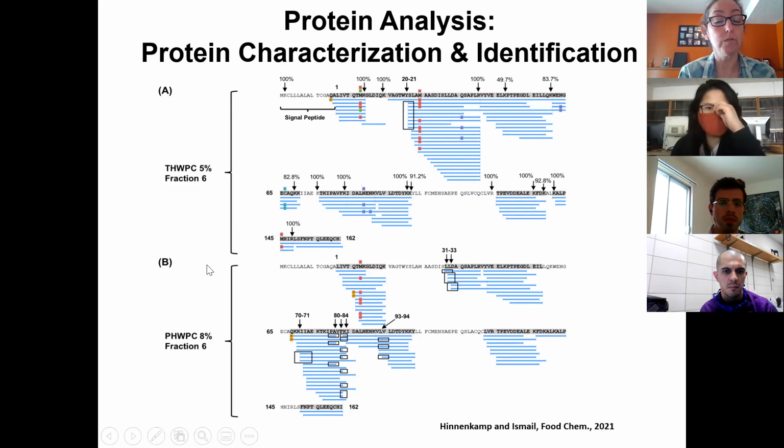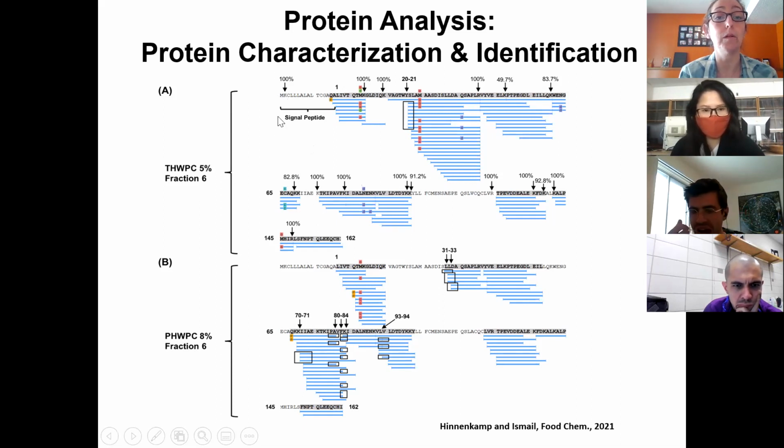We also looked at the specificity of the other enzyme, to determine where the peptides were generated and where the enzyme cut. What you're looking at here is basically a map. This is the sequence of beta-lactoglobulin. It starts here and it ends here, 162 amino acids.